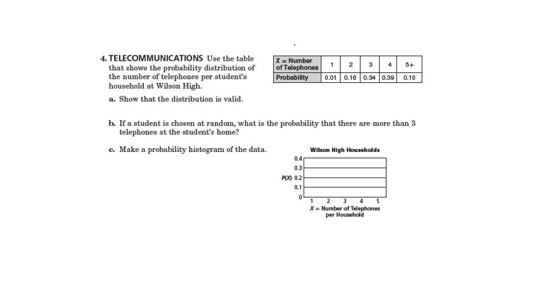Show that the distribution is valid. So first of all, they're all bigger than 0, that's good. Let's make sure they add up to 1. 0.34 plus 0.39 plus 0.10. 16 plus 34 is 50. 49 plus another one is another 50. Yep, they add up to 1.